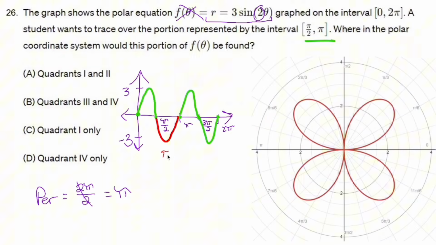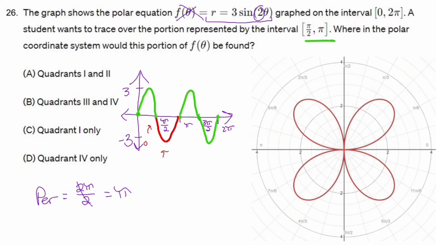What this red area suggests is that at pi over 2, we are at 0. Then from pi over 2 to pi, we are in negative land. So we go towards negative 3 and then back up again to pi.